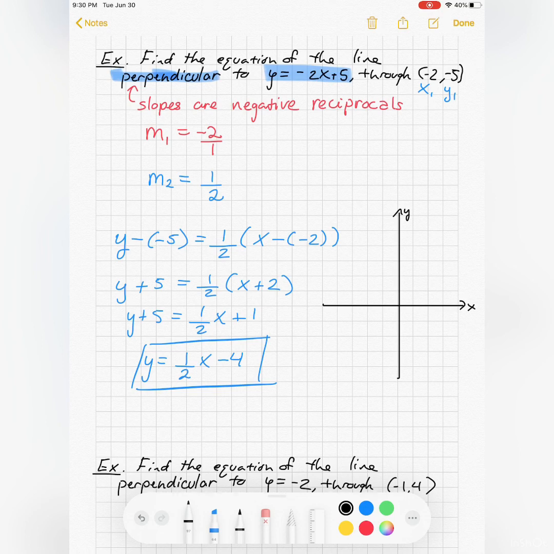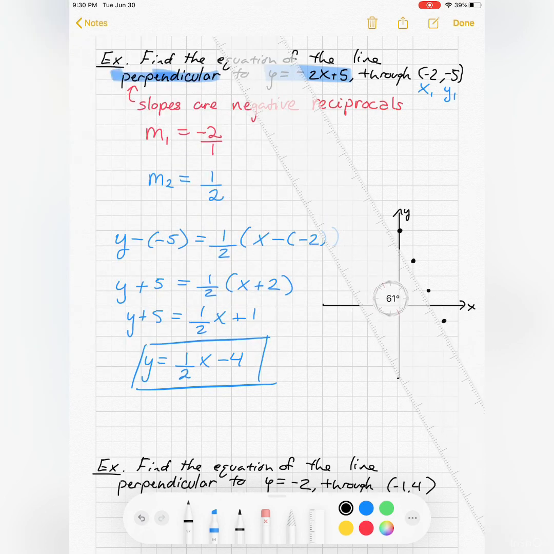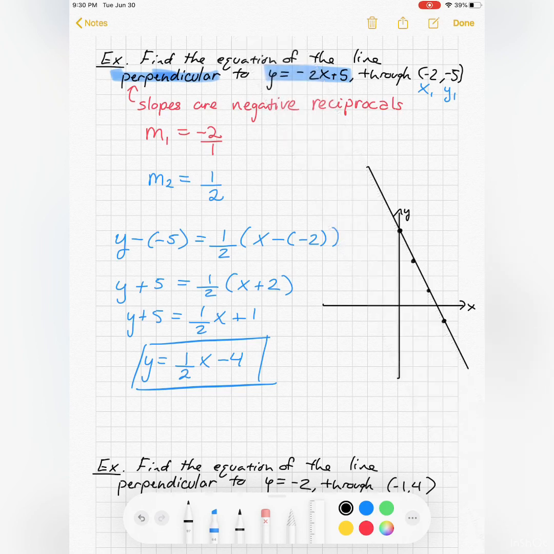Okay, so the line we started out with, the y-intercept is 5, the slope is negative 2. The line I arrived at has y-intercept negative 4, slope is a half.